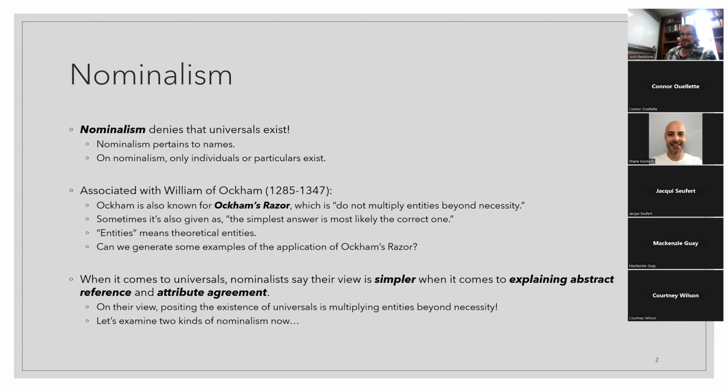And Plato would be an example of a strong realist about universals because Plato thought that the universals are really what they are: perfect forms or ideas. And Plato is an especially strong realist because he thinks that the forms are more real than the particulars.